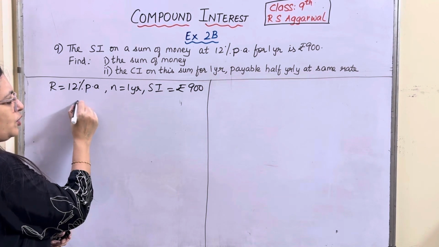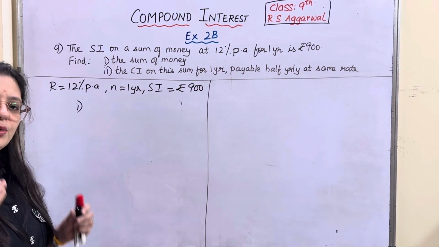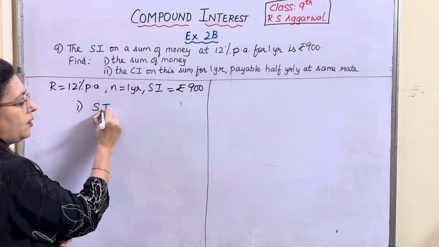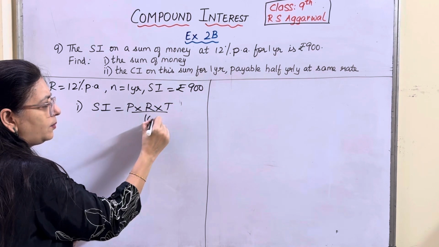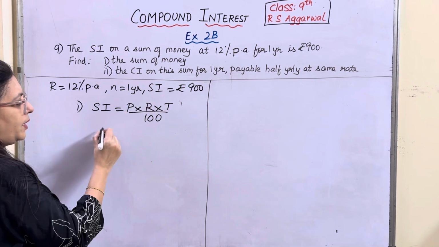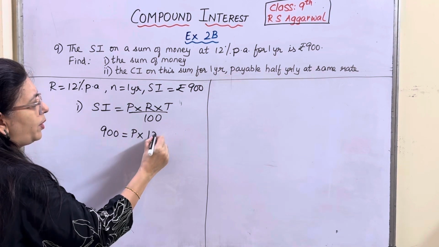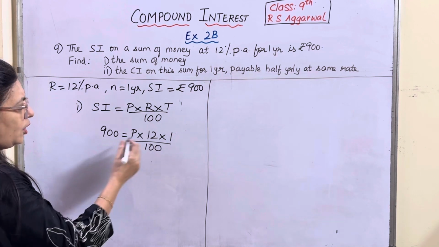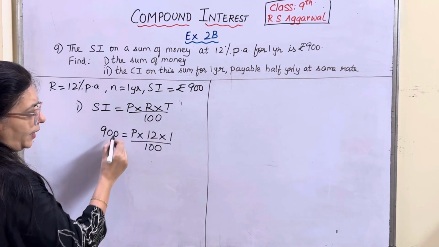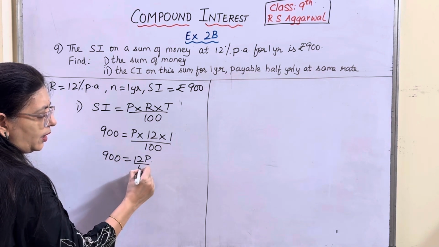Sum of money means you have to find the principal. Okay. So the first one, use the formula. Since simple interest is given to you, you will use the formula for simple interest. Simple interest is P into R into T upon 100. Simple interest is 900 is equal to P into rate is 12%, time is 1 year upon 100. Okay. So we can just write it as 900 is equal to 12P over 100.